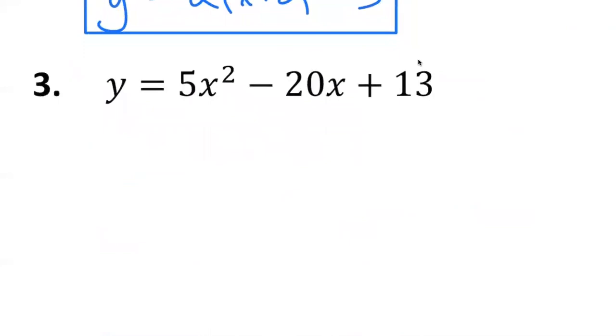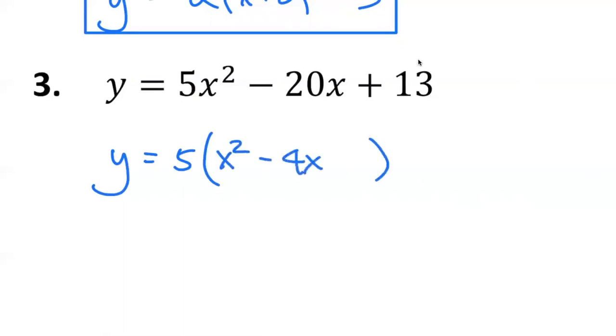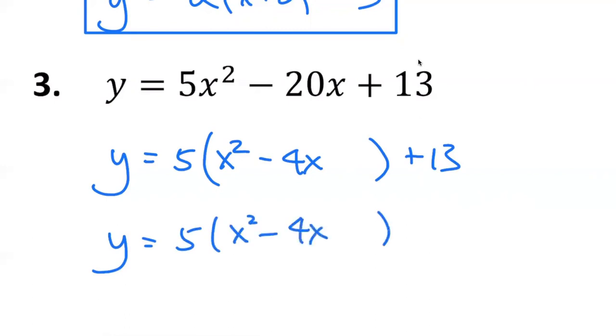Number 3, okay? 5 times x squared minus 4x, okay? And then plus 13 stays out. Right, and then now I do this as 2 separate steps. You can actually go straight ahead and do this particular step, okay? Again, divide this by 2 and then add the square of that number, which would be 4.